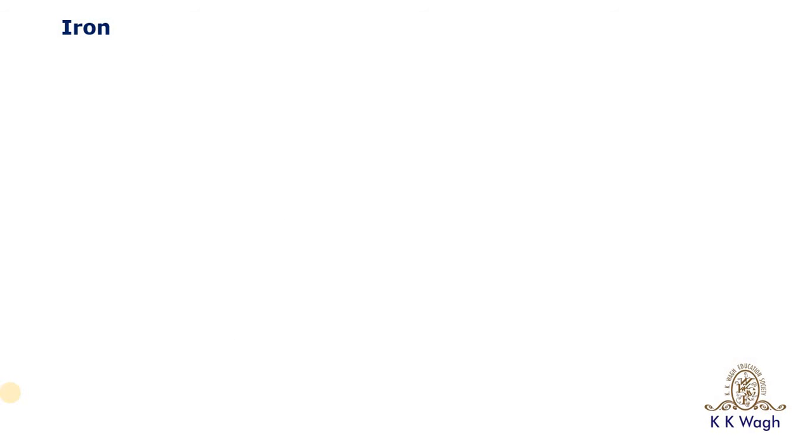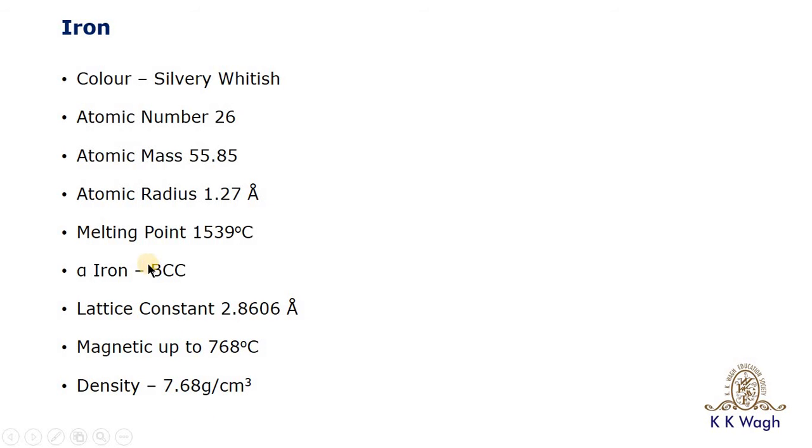Then moving ahead, iron. So what are the properties of iron? The color of iron is silver whitish. Its atomic number is 26. Atomic mass is 55.85. Atomic radius is 1.27 angstrom. Melting point is 1539 degrees Celsius.